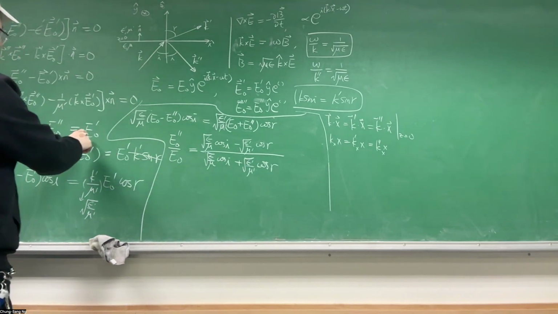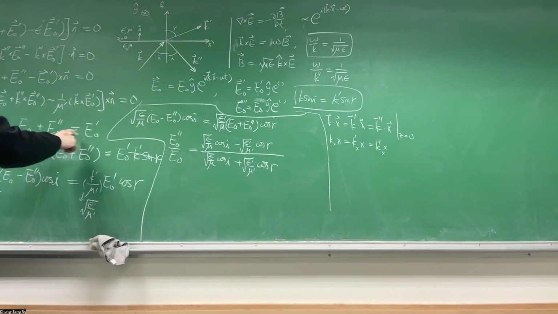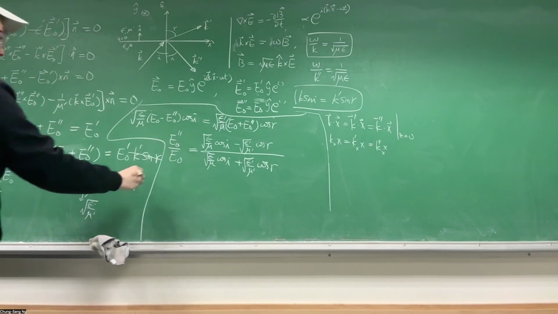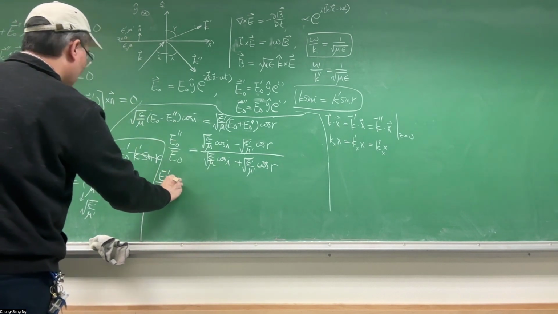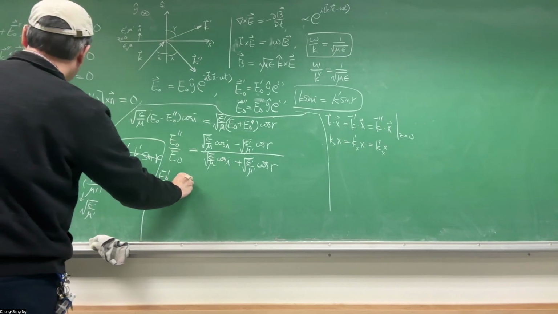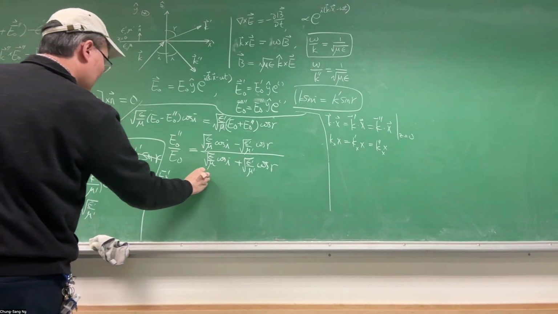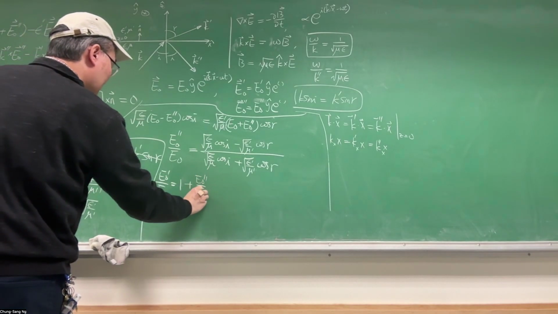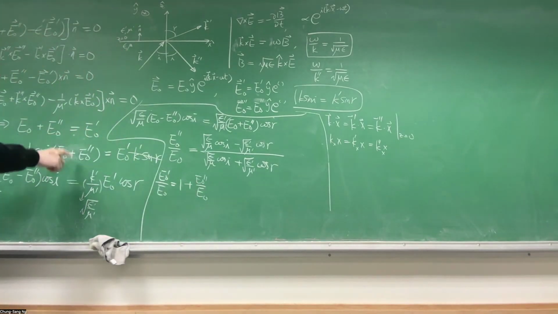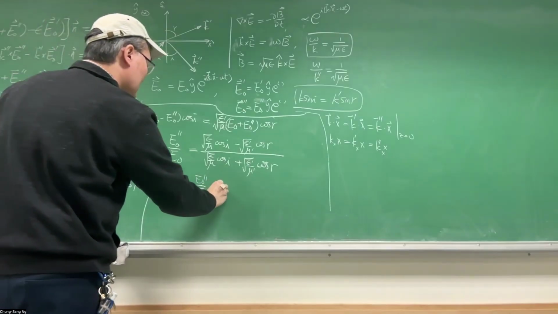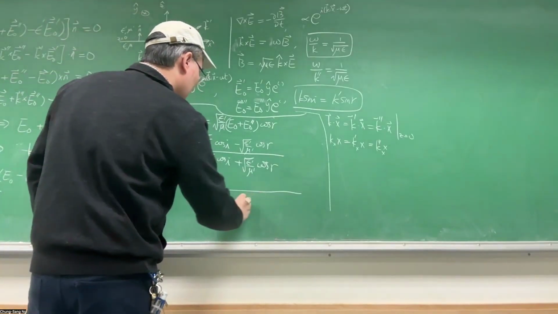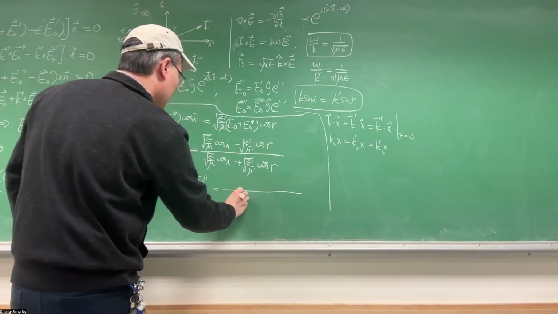Okay, so that's not too bad. And then finally, you just substitute E0'' over E0. So E0' over E0 is 1 plus E0'' over E0. Just use this one. It's basically just this 1 plus 1 plus 2. So the denominator will be the same.